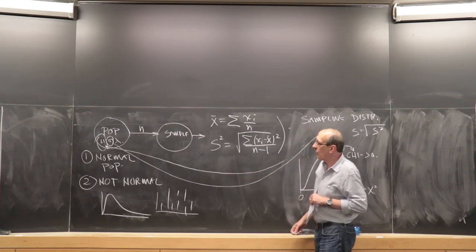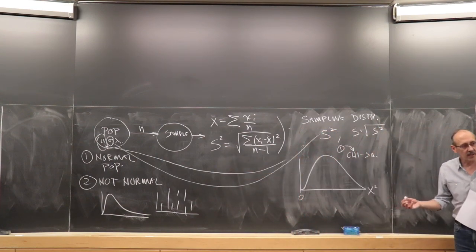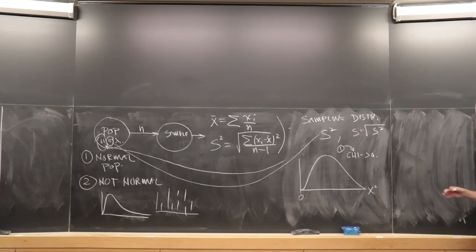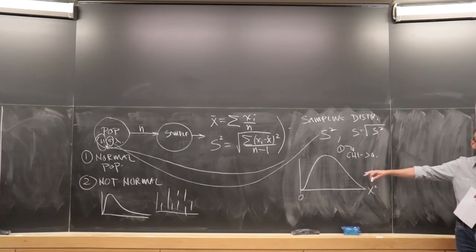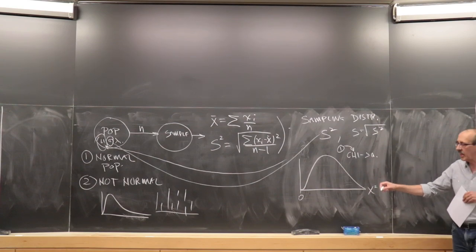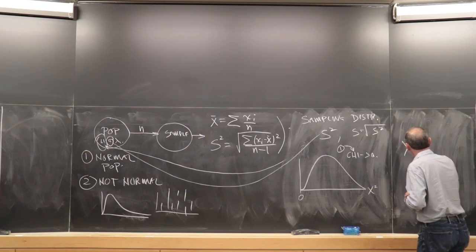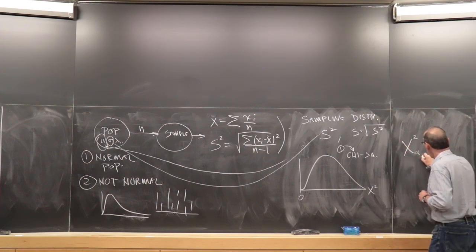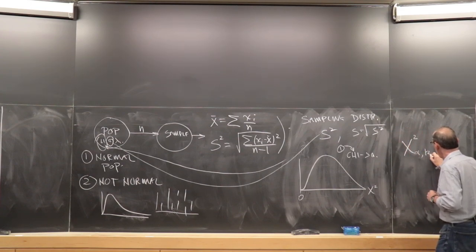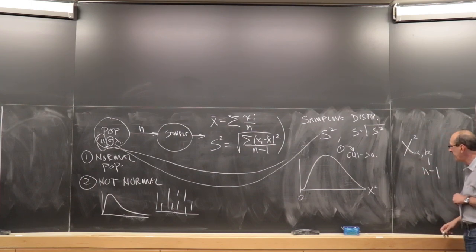Okay, what happens if I have n bigger, n small? What difference does it make for the sampling distribution? Remember, chi-squared has degrees of freedom. So we have chi-squared, and we have our alpha or whatever, and we have k, and k is n minus 1.